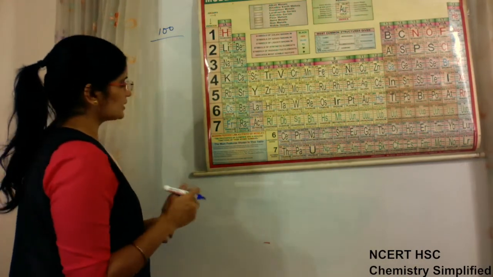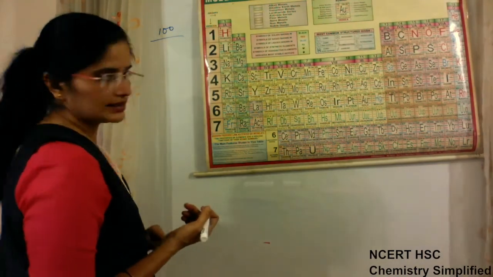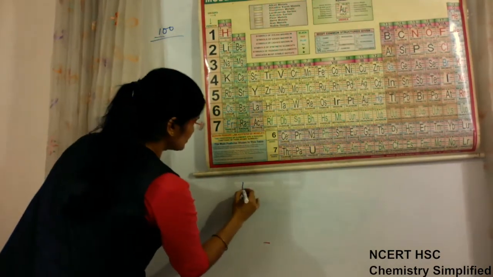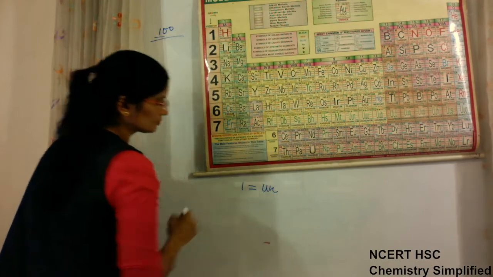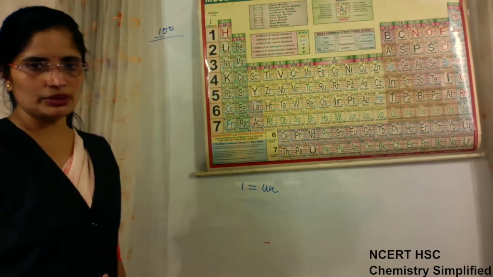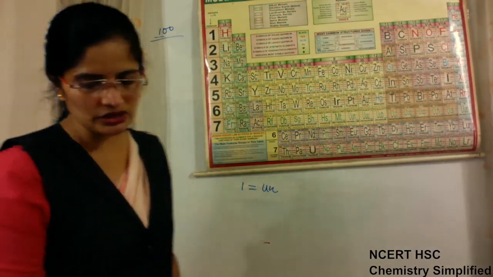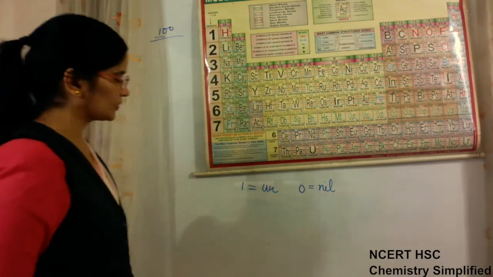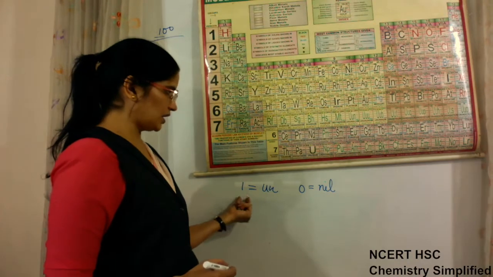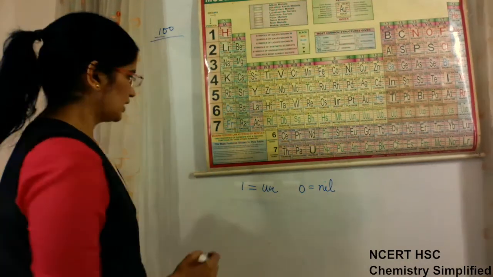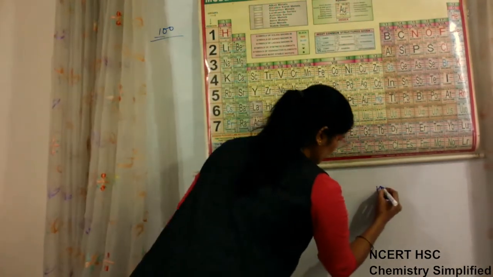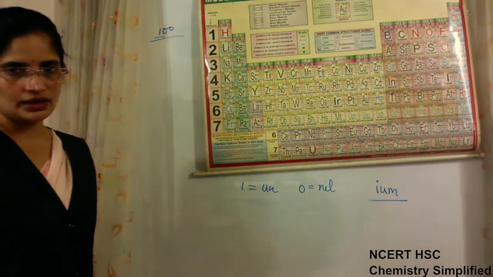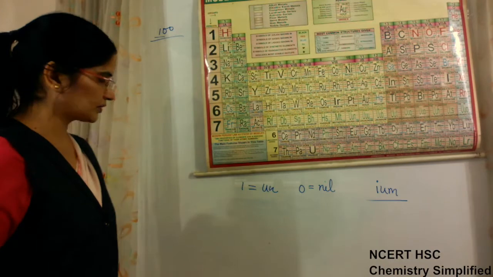In that system, one is named as Un, zero is Nil, and at the end of the name of the particular element, ium is added.